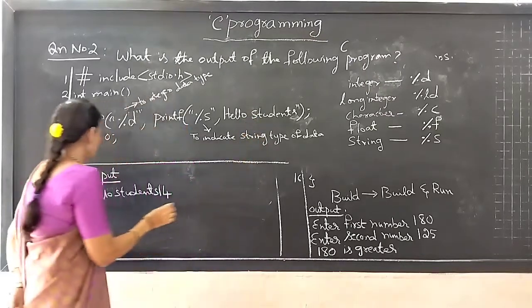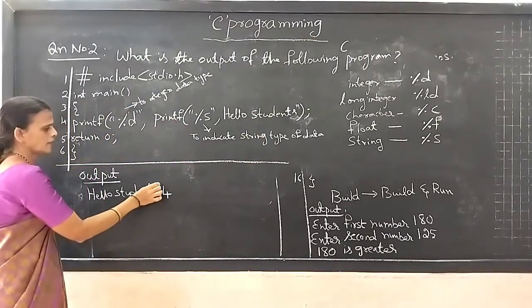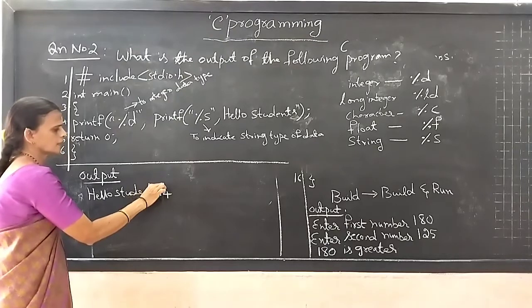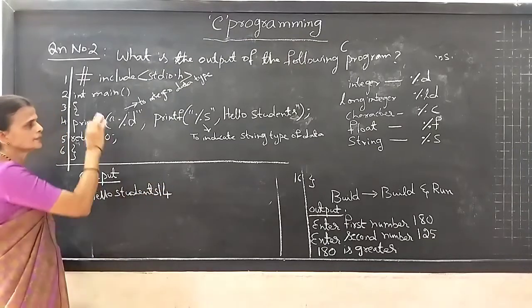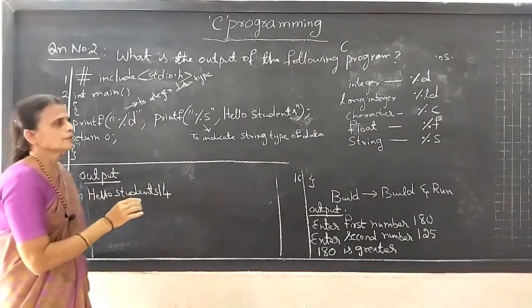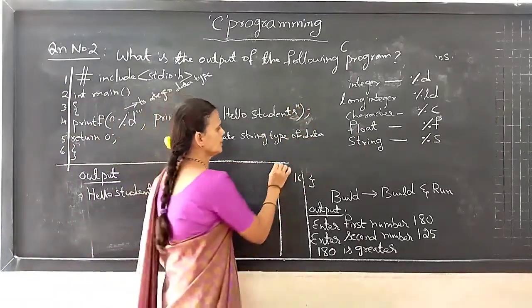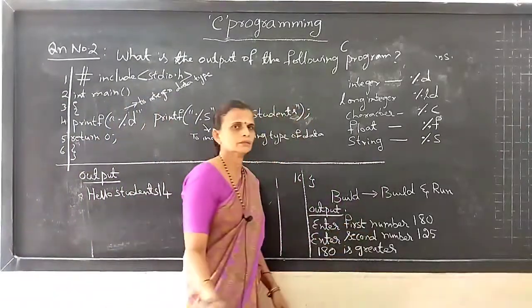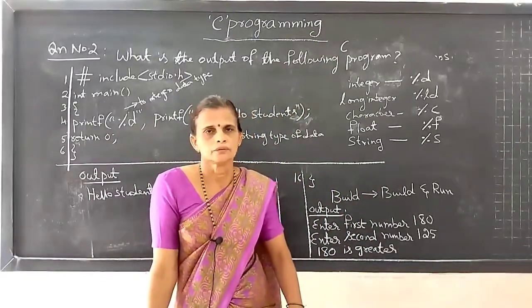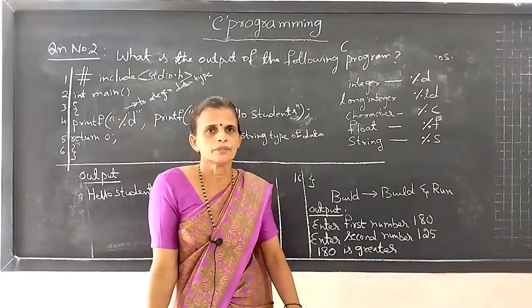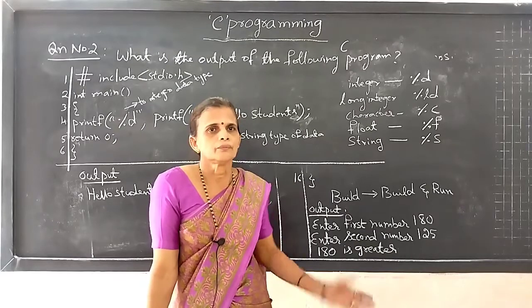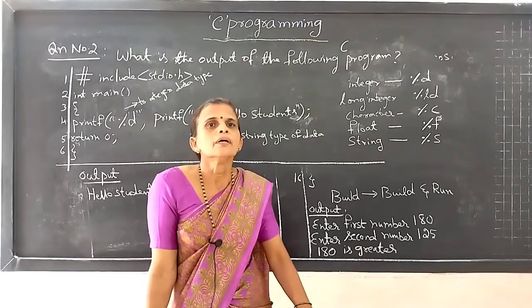So you will get the answer as hello students, and the number of characters. Understood? This is the simple example I gave to make you understand. So if you write the program, what will be the answer? Understood? Okay, I hope you have understood the C program writing method.